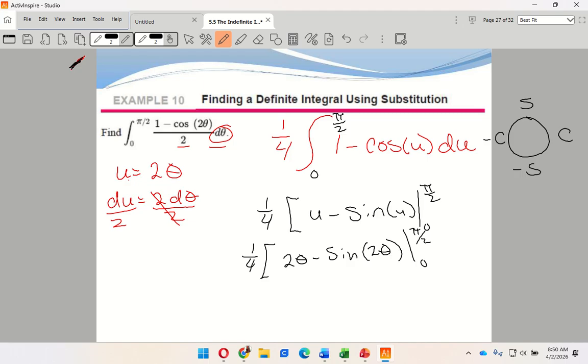Which is top minus bottom, so that's going to give me, let's see, I'll write out the whole thing for you. So it's going to be 1/4, because I know you're still trying to catch up writing this, right? Yeah, I'm trying to write it out.